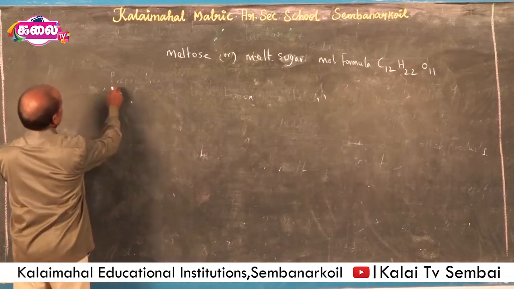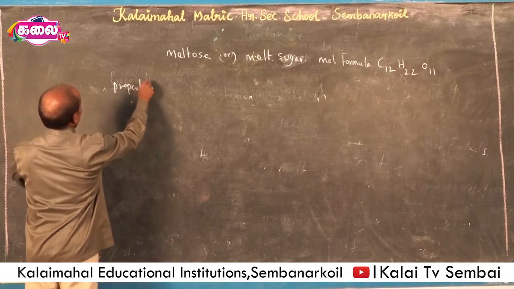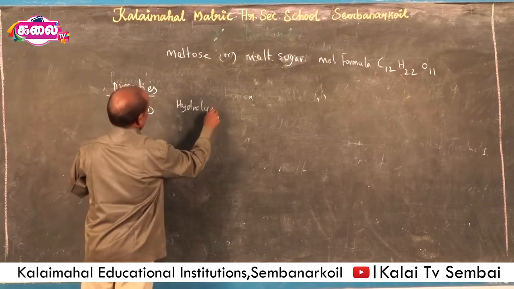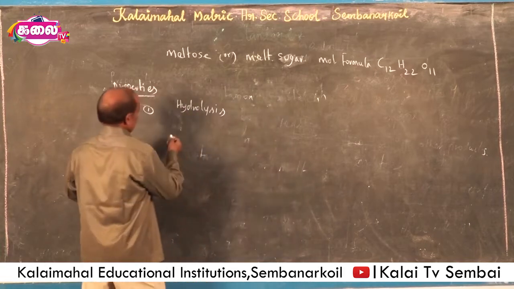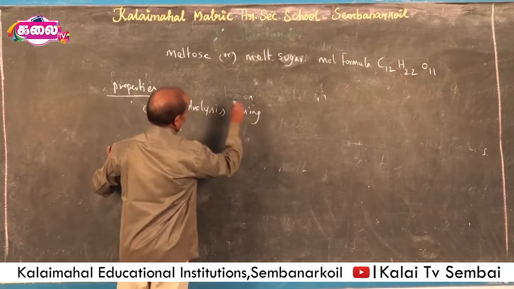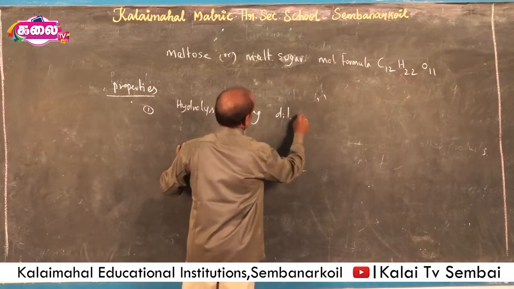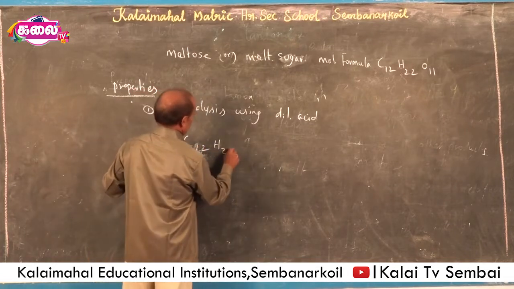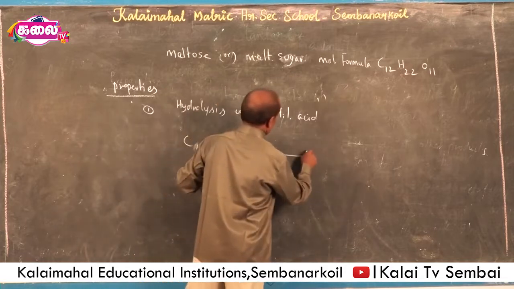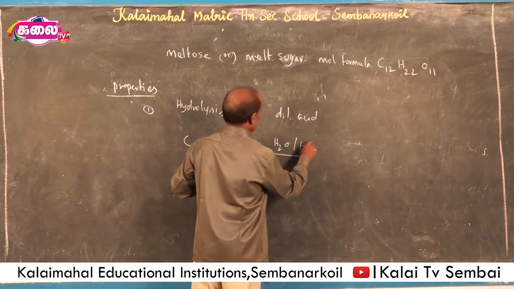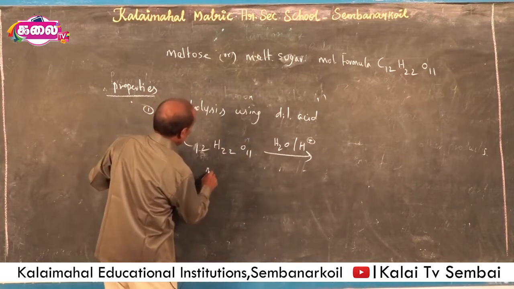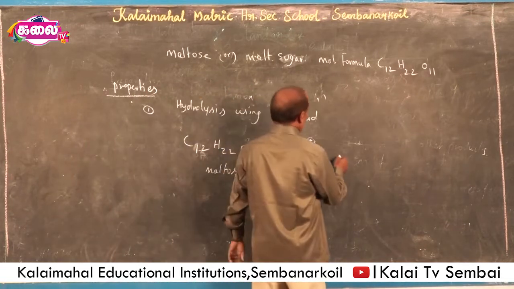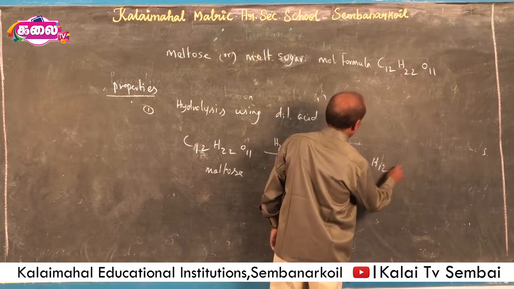The first one is hydrolysis. Maltose is subjected to hydrolysis using dilute acid, and we get 2 units of C6H12O6.